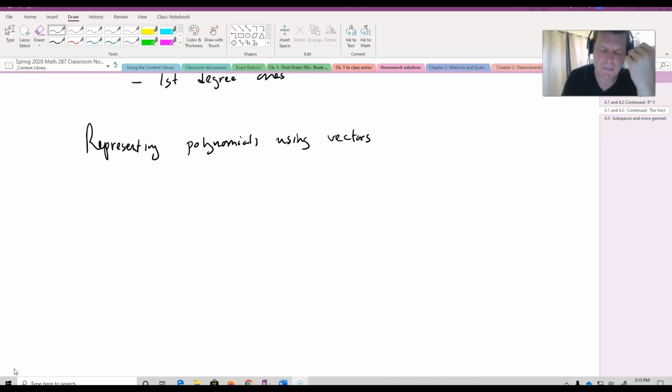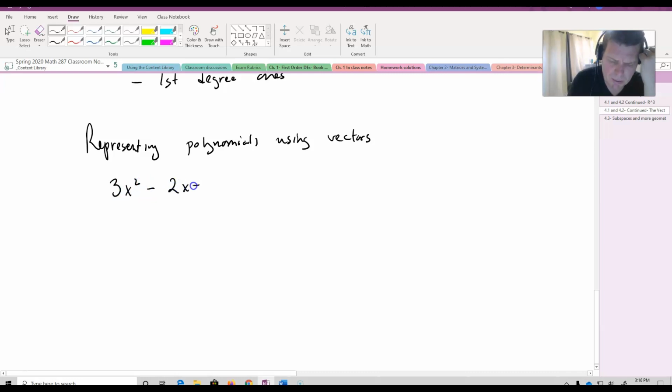All right, so what we're going to do is represent 3x squared minus 2x plus 1 as a vector in R3. We'll get into this, we call them isomorphic, but representing a polynomial as a vector will make a lot of computation a lot easier. So just pay attention to this, right?